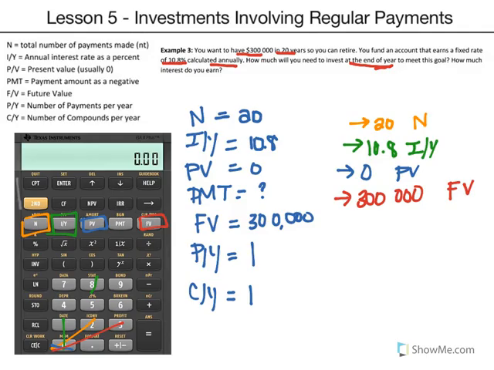Now we're going to go second function, IY. So that's going to take us to our PY. For PY, we're going to go one payment per year, so 1, then enter.